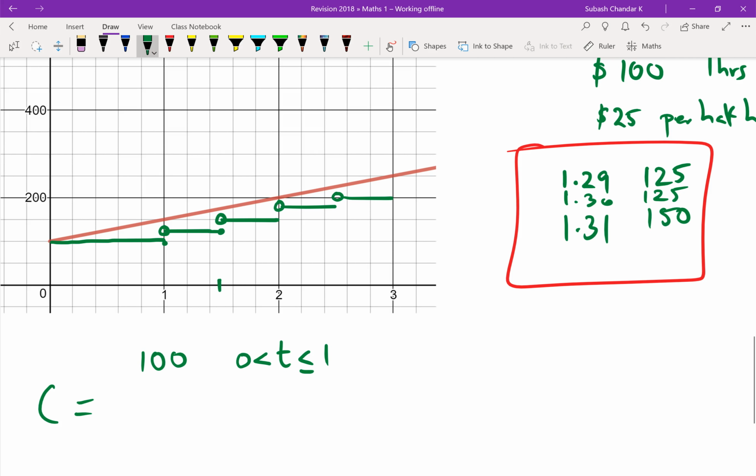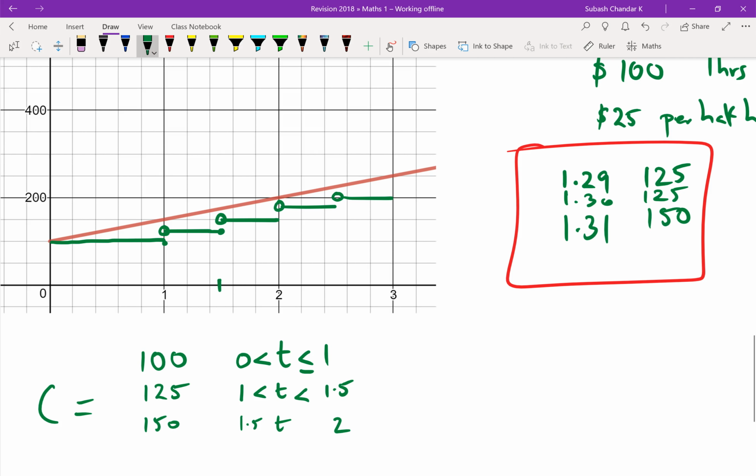What about 1 hour and 1.5? How much is it at that time? Can't you say that? Because it's one flat line, right? So we can actually write it as 125. And then 150 from 1.5 to 2. Now there's a reason why I haven't put those symbols.